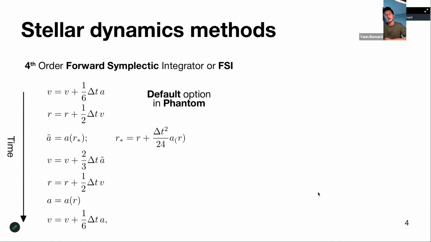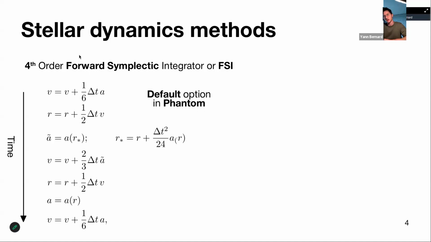So first of all, the stellar dynamics module begins with a new temporal integration for sink particles. The sub-step module in the code has been switched to a fourth order symplectic scheme instead of the leapfrog, and that's now the default option in Phantom.